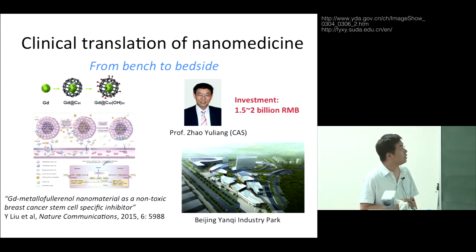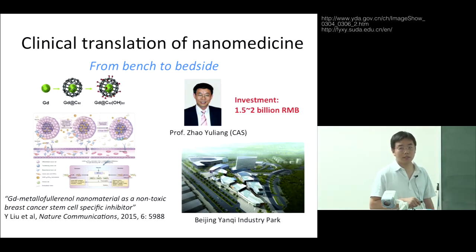It's a kind of carbon nanomaterial. Recently, this group, Professor Zhao Yuliang's group at the Chinese Academy of Sciences, found that the gadolinium-encapsulated fullerene nanomaterials can act as a non-toxic breast cancer stem cell inhibitor.